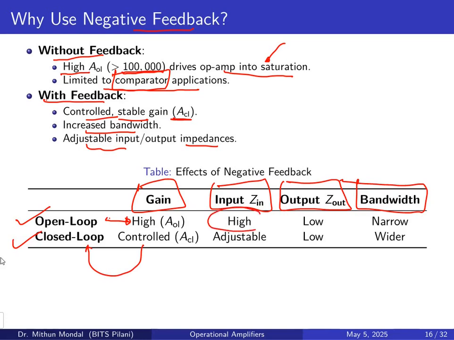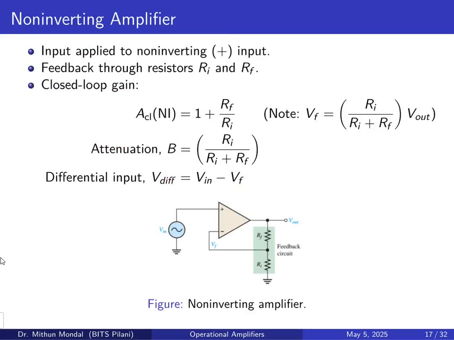Input impedance is high and output impedance is low, bandwidth is narrower in case of open loop. However, you can adjust this input impedance, make the output impedance to be low and wider bandwidth with respect to closed loop or negative feedback configuration.